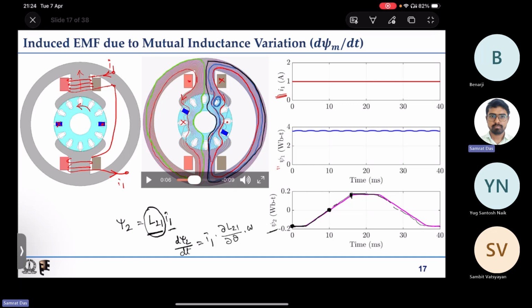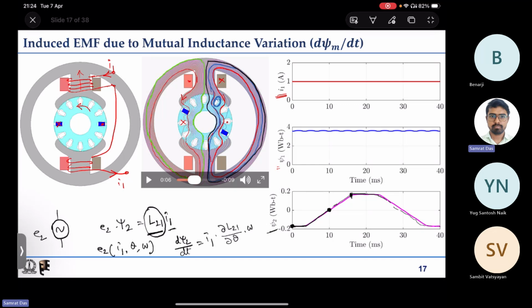If I try to represent the second coil in this case, the second coil obviously will have some back EMF, some induced EMF, which is a function of the first winding current, the inductance or the rotor position to be specific, and the speed. So this induced EMF, say E2, is a function of first winding current, rotor position, and speed.